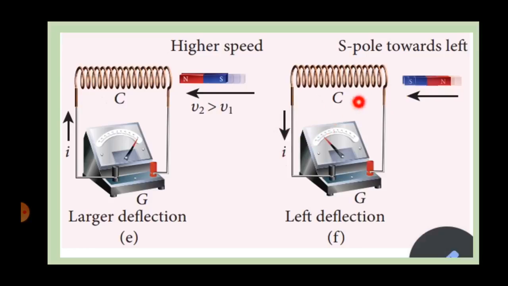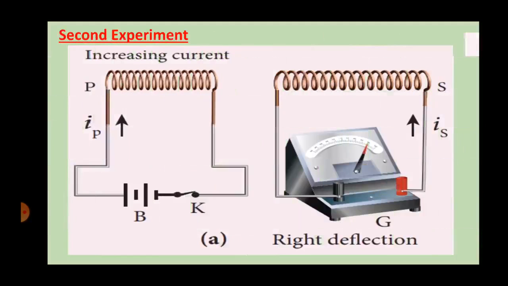If the magnet is kept stable and the coil is moved toward or away from the magnet, similar results are obtained. It is concluded that whenever there is relative motion between the coil and a magnet, there is deflection in the galvanometer, indicating that an electric current is set up in the coil. Understand, students? Okay.